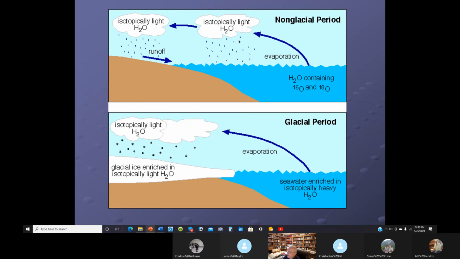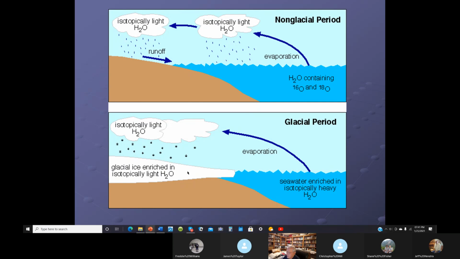And so they say in the non-glacial period, you'll get the light H2O. It'll have this 16 in it, not as much 18. During the glacial period, seawater is enriched in the heavy H2O. That's with its 18 in it. Glacial ice is with the lighter H2O.